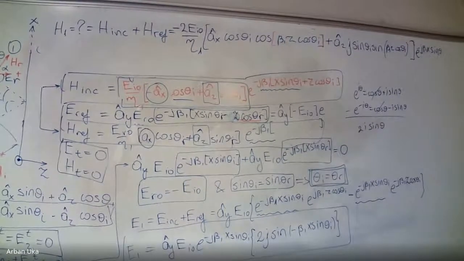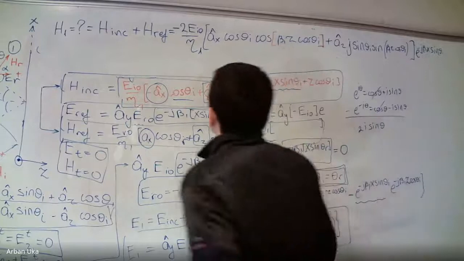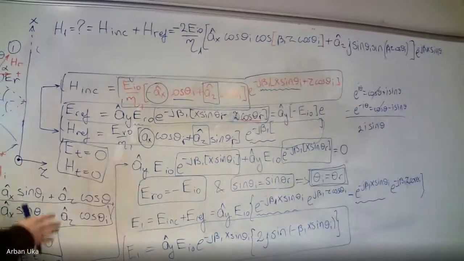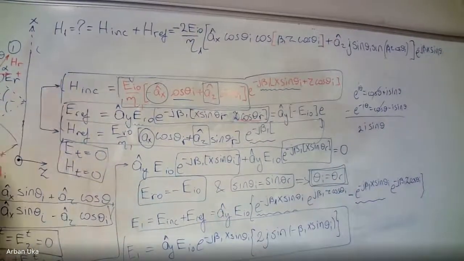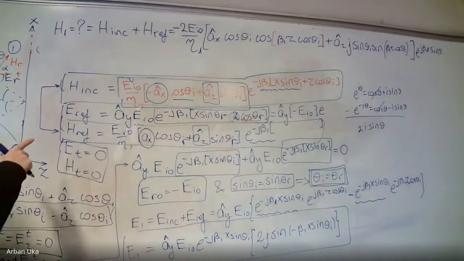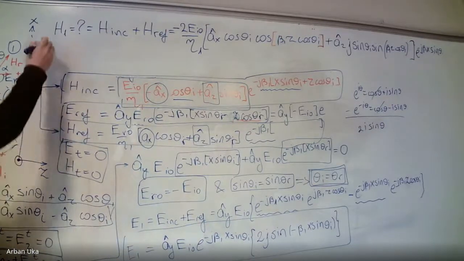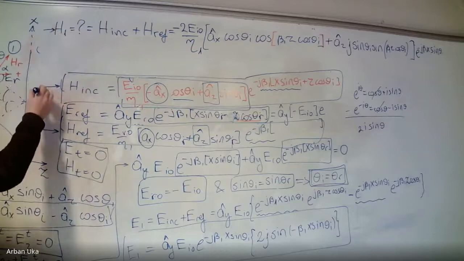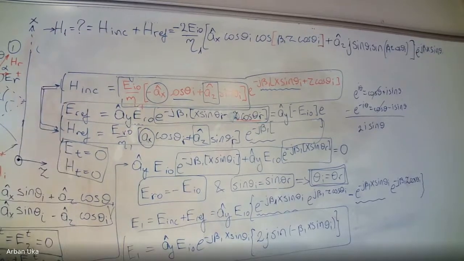It takes some time, but you might be interested that you can derive these two expressions by simply adding the respective first equation, which we deleted now, and the second. To get this H1, we just add these two expressions.